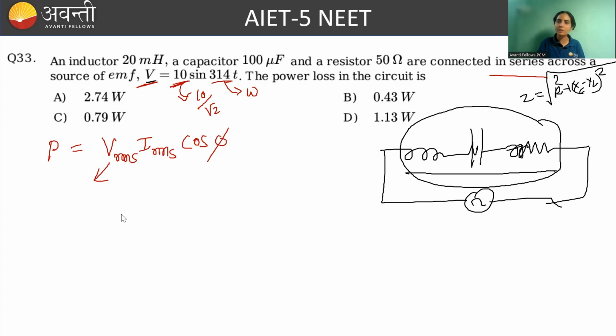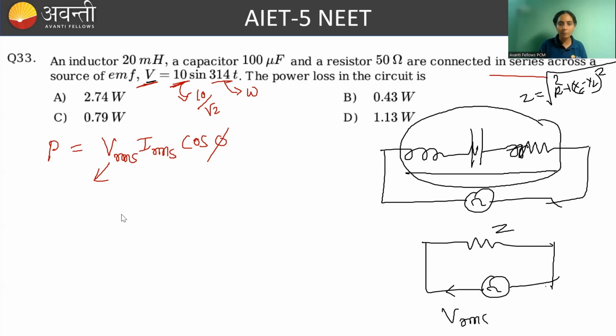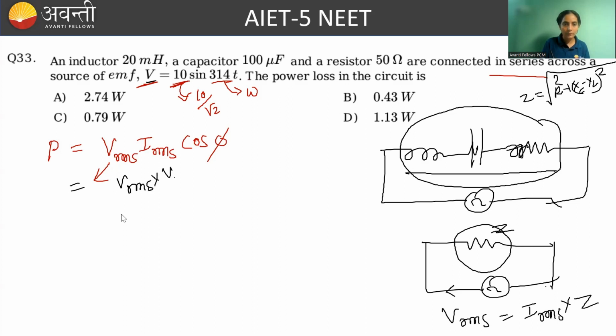You can reduce this circuit like this: its impedance is Z. In this circuit, if VRMS is known, then VRMS, the RMS voltage drop across this, will be IRMS into Z. So IRMS will be equal to VRMS by Z. And that is cos phi.